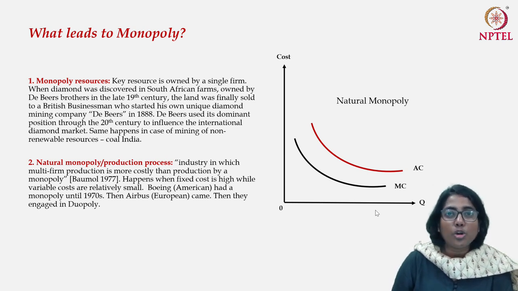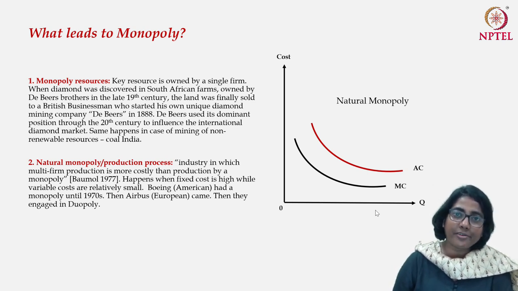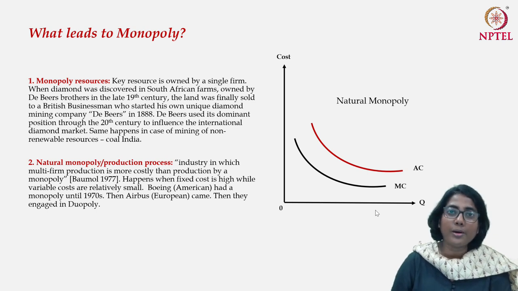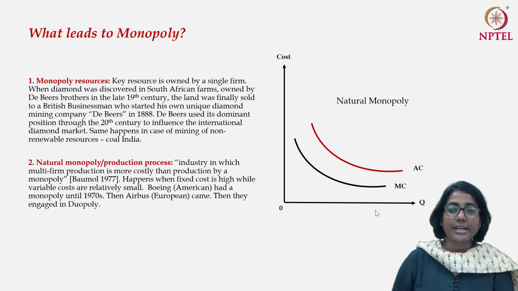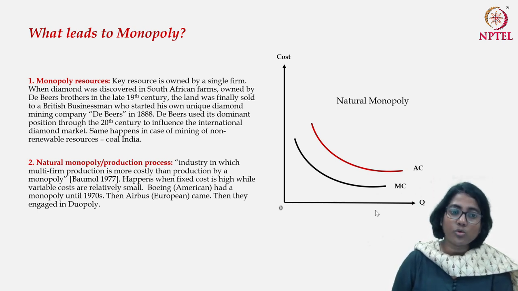Now see, there was this sole piece of land and some peripheral land in that part of the world, which had the initial resource to start the business with. In no other part of the world was diamond discovered. So when De Beers was formed in 1888, this British businessman was the only one who had access to the resource.